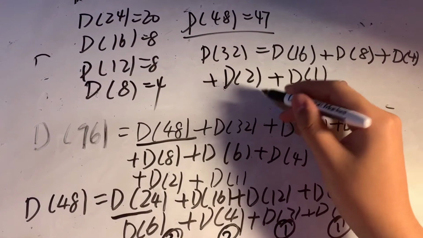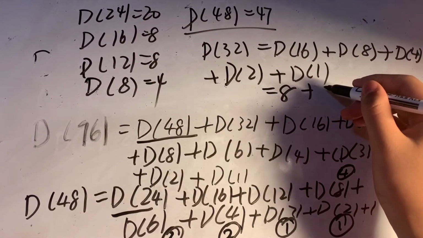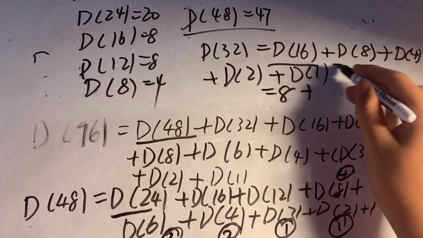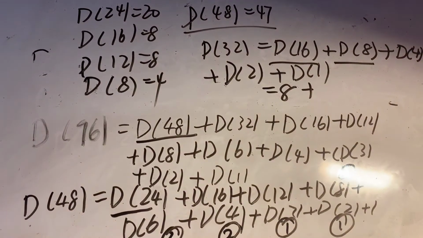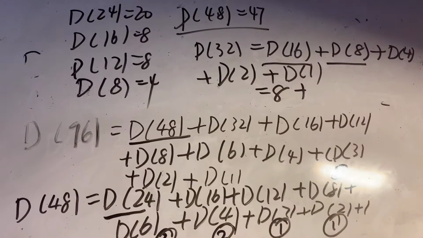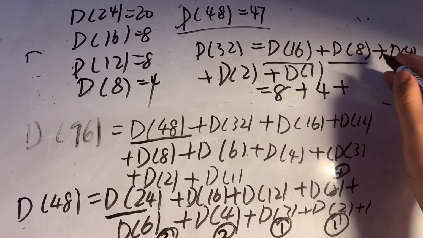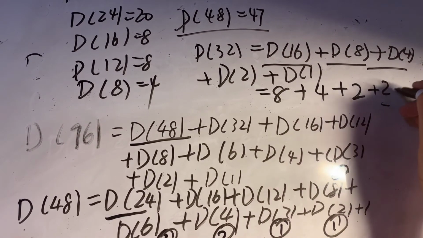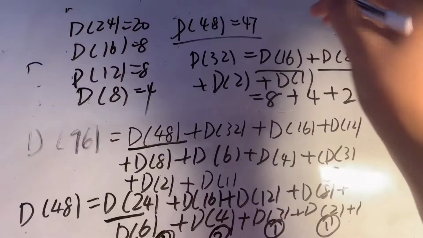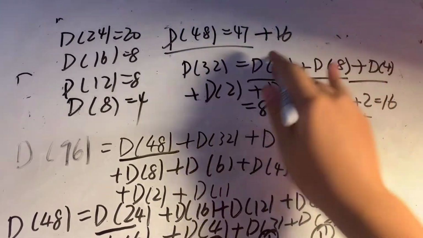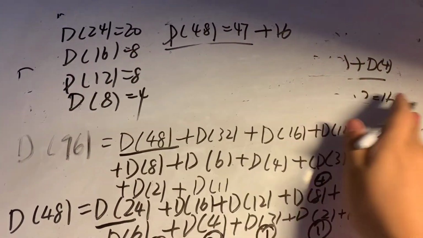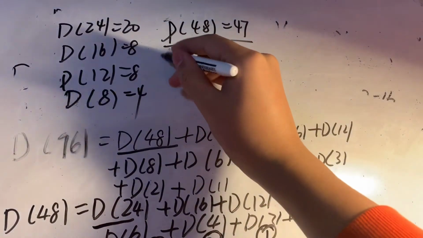So it is equal to d16, 8, d8 is equal to 4, d4 is equal to 2, and the total is 16. Now we know that d32 is equal to 16.